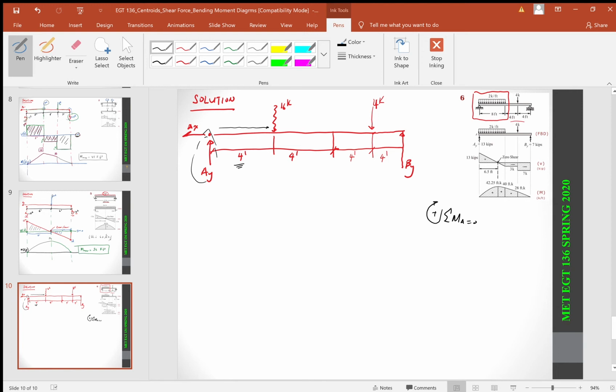My force wants to rotate this way, creating a moment in a positive direction. So that's 16 kips by 4 feet. Then I have this 4 kips here, 12 feet away from the point of interest, A, and that force also wants to go in a positive direction. So that's 4 kips by 12.